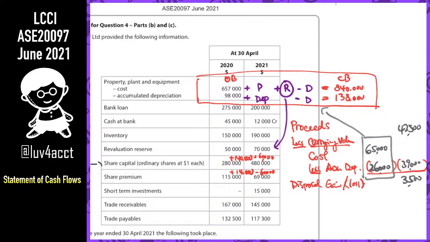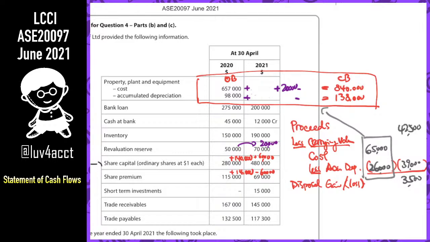You are not paying anything for that increase. So having said that, we will fill in the items there. Here you have an increase of 20,000, it goes into revaluation.